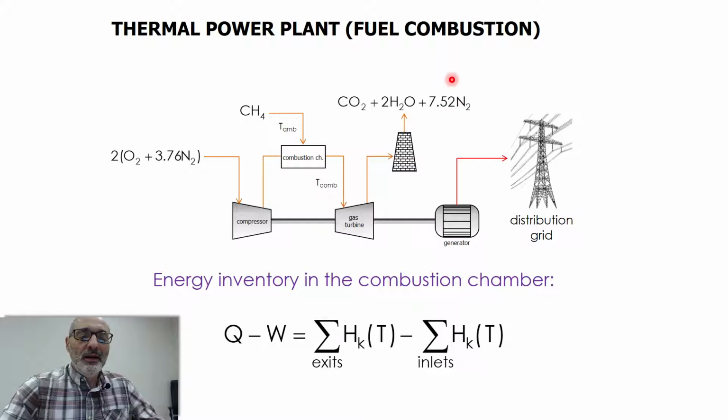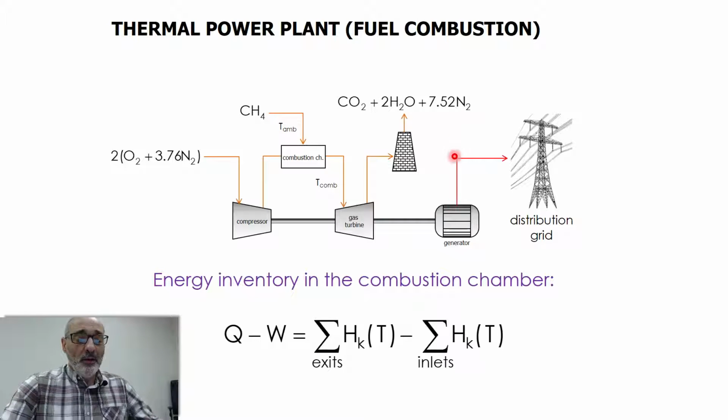And this is a very dangerous pollutant that you cannot afford to emit to the atmosphere. So you want to limit this temperature for two main reasons: materials and formation of nitrogen oxides.